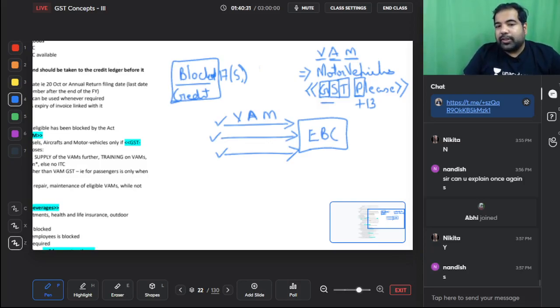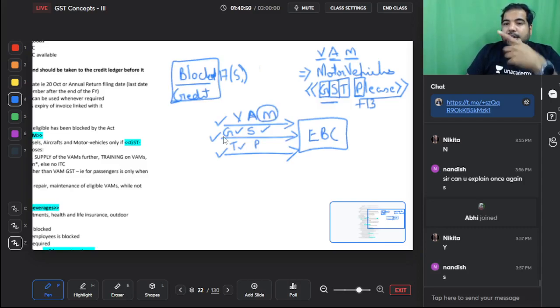Depends upon whether there is GST please. What is GST please? If it's for goods transport, you'll get it. If it's for same line of business, that is you're buying to sell it or rent it ahead, you'll get it. If it's for training of people, driving school, etc., you'll get it. And the P is only for motor vehicles. If it's for more than 13 passengers, including the driver, that means it's a big bus, mini bus, etc., only then will you get credit.